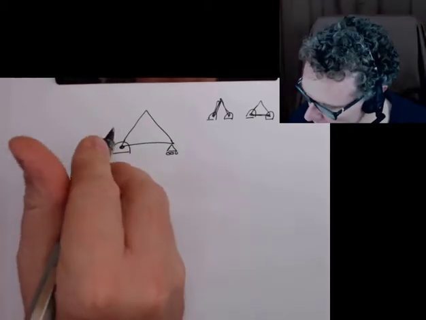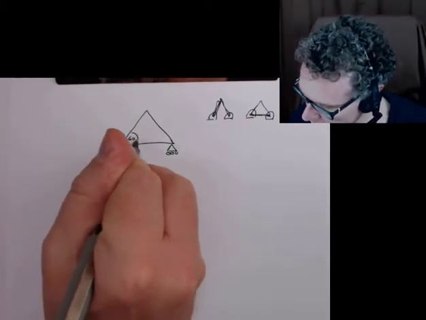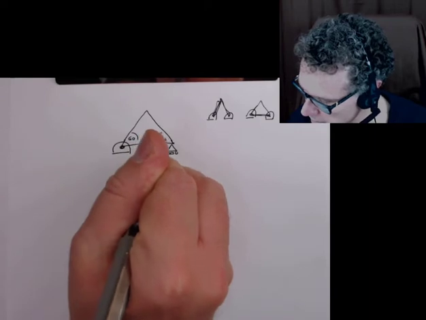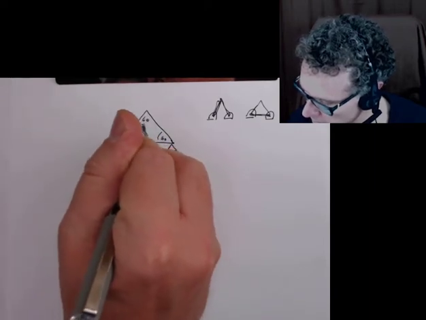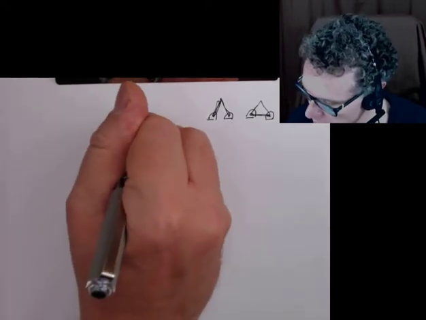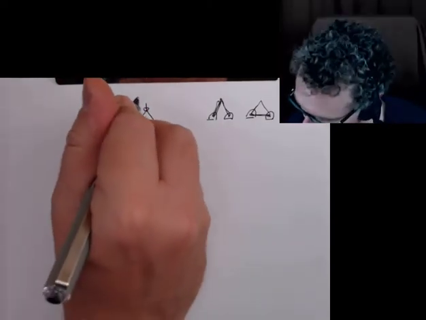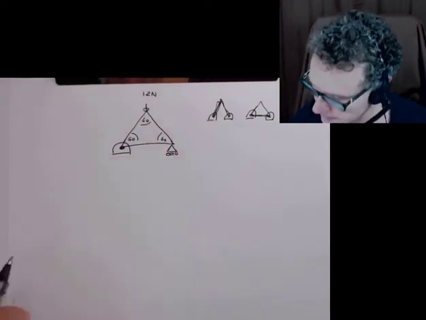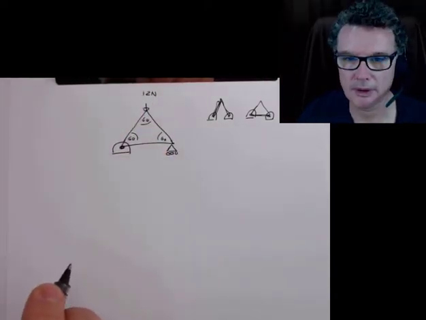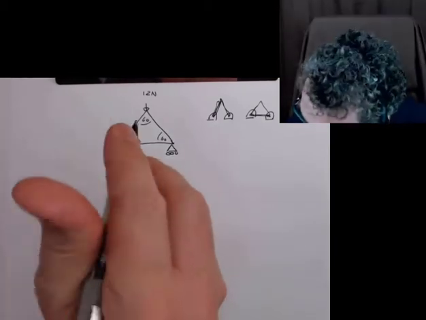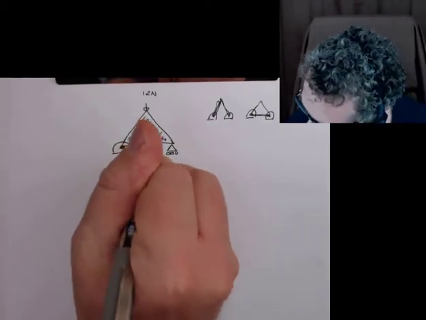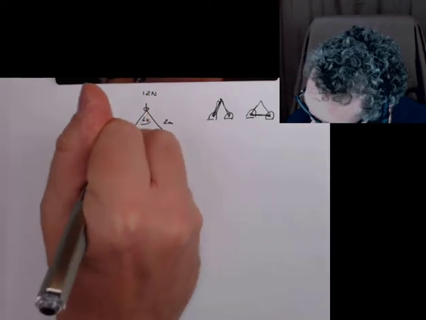So let's make this an equilateral triangle, so 60 degrees all the way around, and we apply 12 newtons at the top, like that. I will say that each side of my triangle is 2 meters.